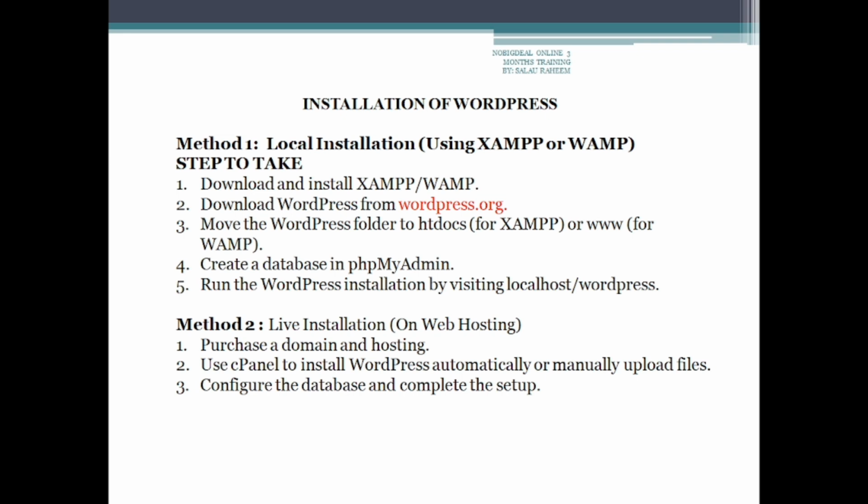Some is not even up to that. Then this time around you are going to be using cPanel to install WordPress. That is automatically, or you manually upload the file. Then the next step is to configure the database and complete the setup.